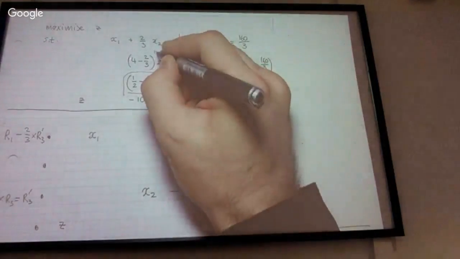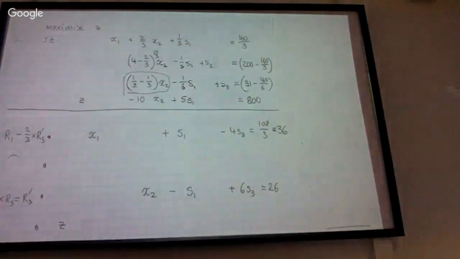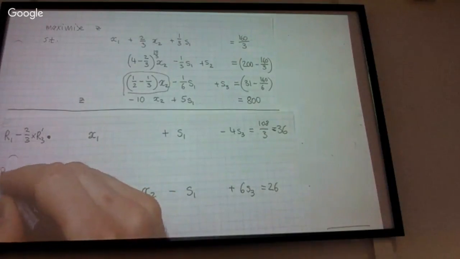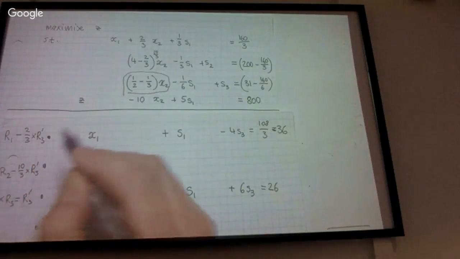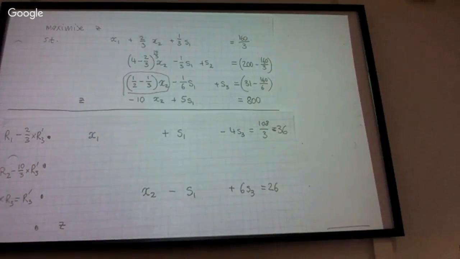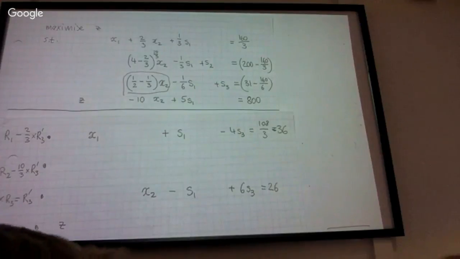So this is 10 thirds. So I need to take away 10 thirds times the new row 3 from the second row, second equation.